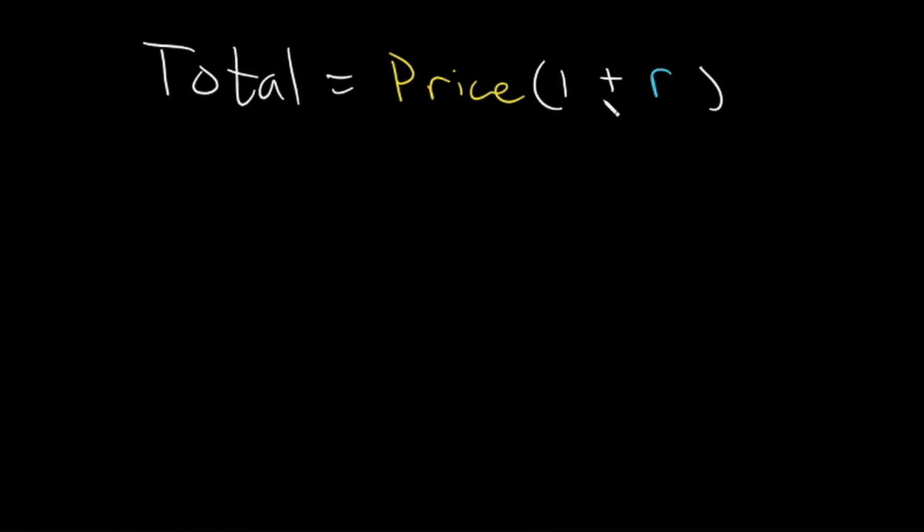But this could also be 1 plus or minus R. Because if we're getting a percentage off, then it's going to be 100%, which would be the price, and then you subtract your discount, which would be a negative percentage. So you would take 100% minus the discount. Whereas if it's sales tax, then it's going to be 1 plus the tax. So we use R to represent both of those.